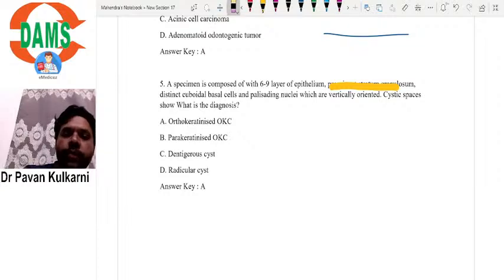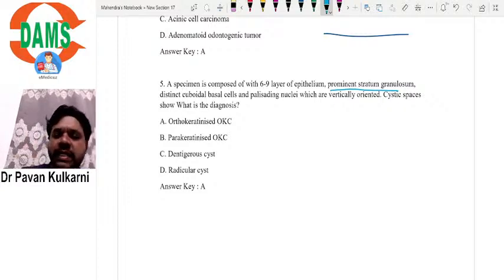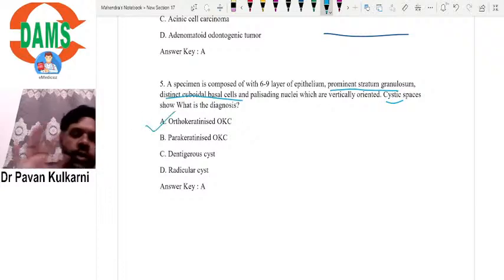See, whenever you hear of this prominent stratum granulosum and cystic epithelium, basal cells which are cuboidal, always think of OOC.